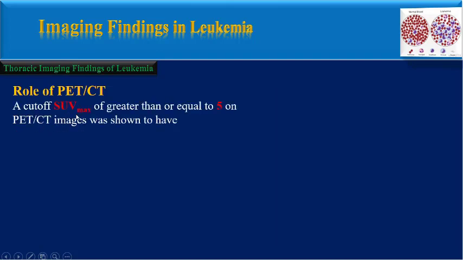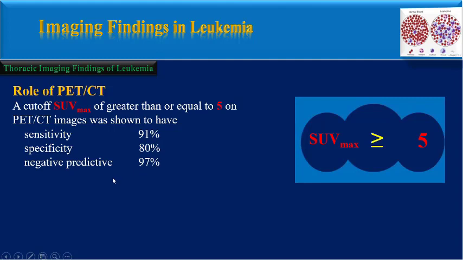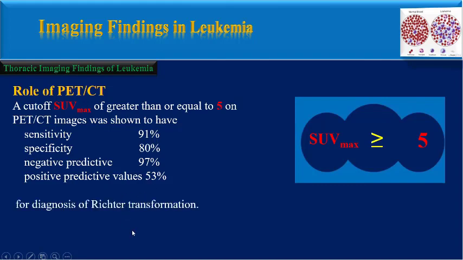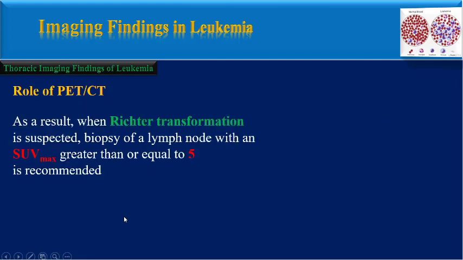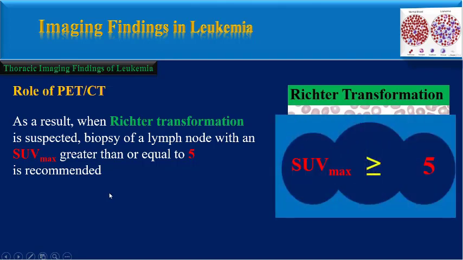A cutoff SUVmax of greater than or equal to 5 on PET-CT images was shown to have sensitivity 91%, specificity 80%, negative predictive value 97%, and positive predictive value 53% for diagnosing Richter transformation. As a result, when Richter transformation is suspected, biopsy of a lymph node with an SUVmax greater than or equal to 5 is recommended.